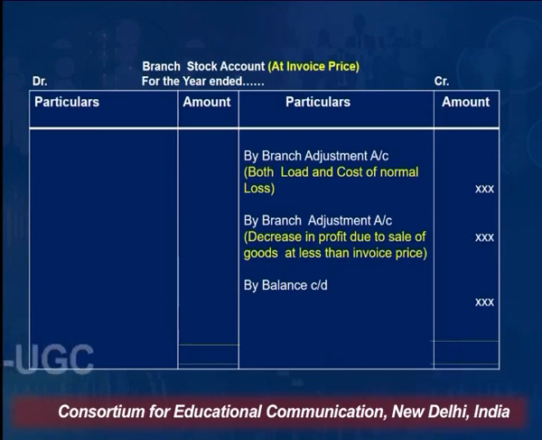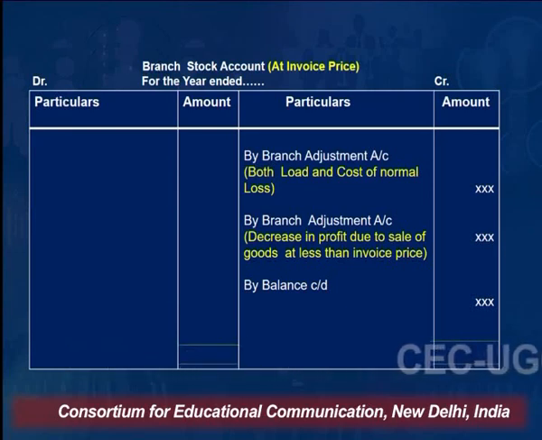Whereas in the abnormal loss, we need to segregate the cost part and loading part. Loading part would be transferred to the branch adjustment account, whereas the cost part would be transferred to the branch P&L account, but not in the case of normal loss. If it is a normal loss, the entire amount, both loading part and cost part, has to be transferred to the branch adjustment account.